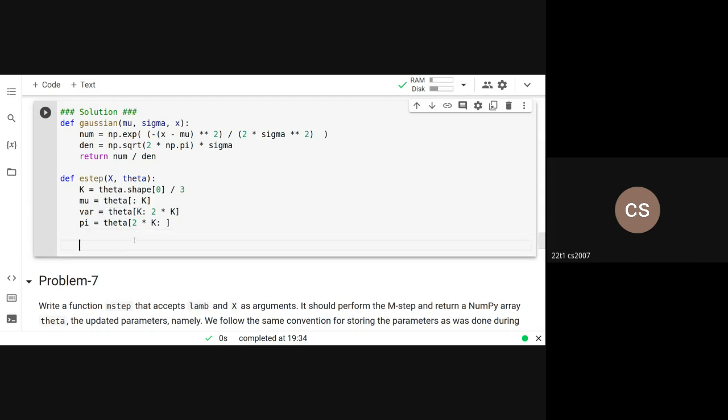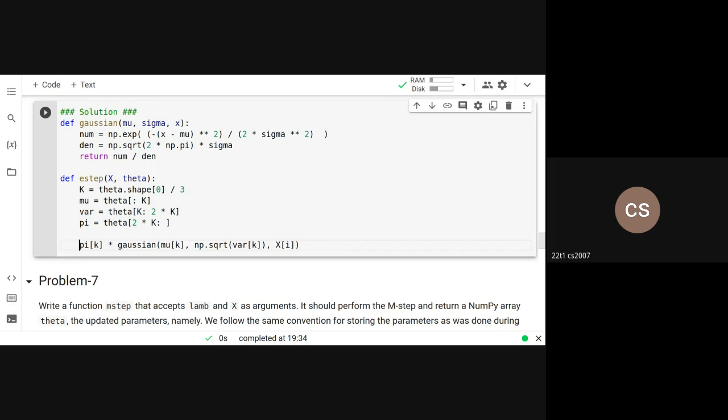So for any mixture k, what is the f of xi that we computed? Pi k into the Gaussian of mu k, sigma k. Sigma k is what? Square root of the variance. So mu k, sigma k, and the data point, which is x of i.